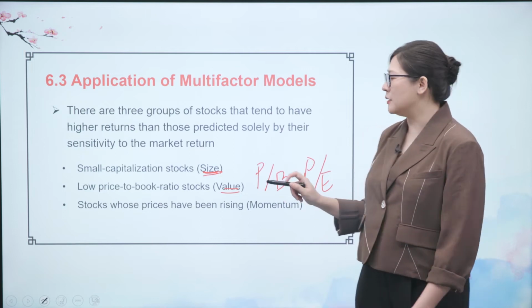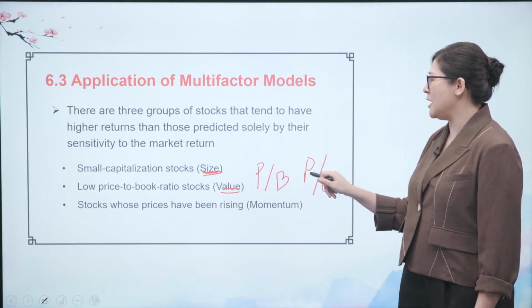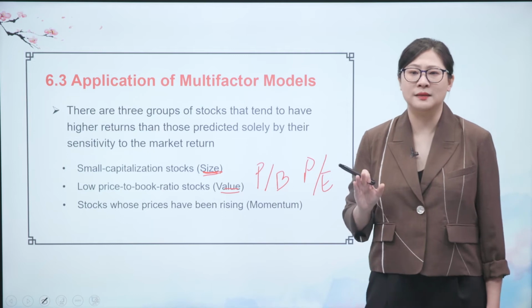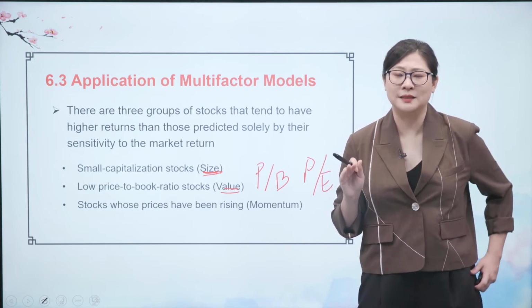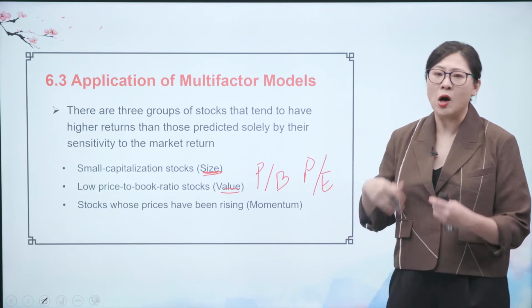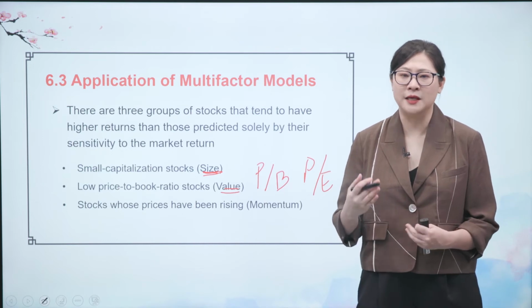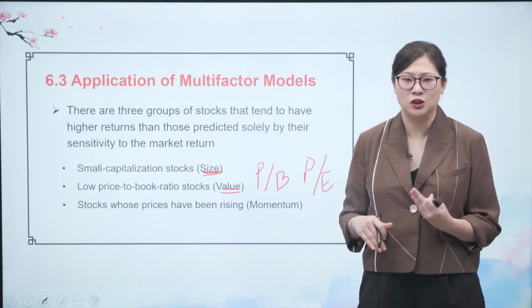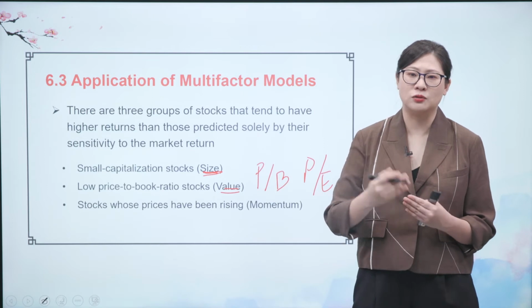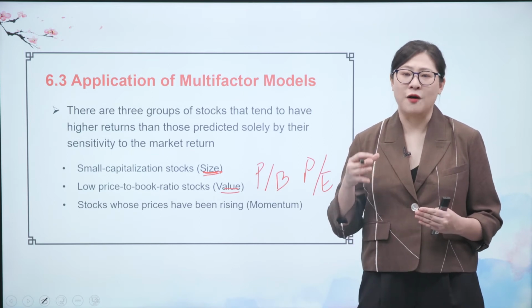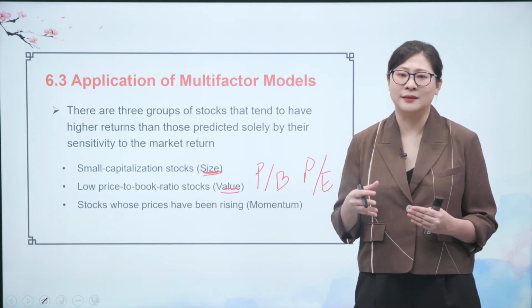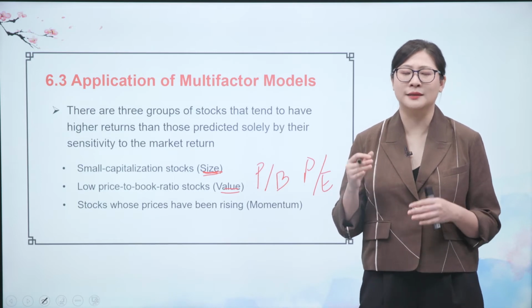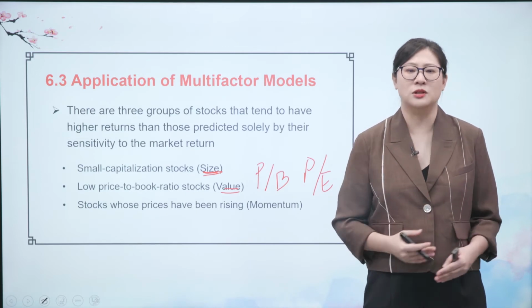So you need to know that low PE and low PB mean a value stock. Opposite to that, a higher PE or higher PB ratio means the stock is a growth stock. From the empirical study, we find that the growth stock's return is lower than the value stock's return.